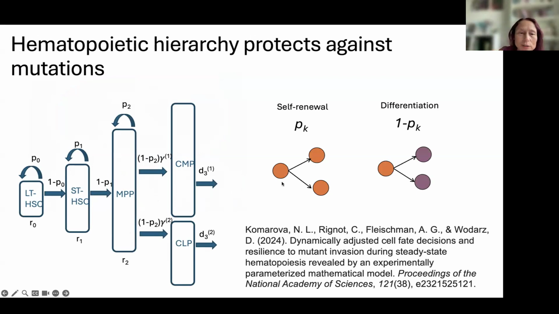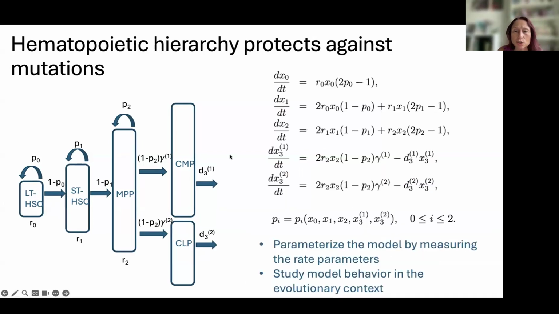And we're going to talk about 2 types of divisions again: self-renewals, when a cell divides and creates the same type of cells, and differentiation divisions, when you create the cells that are different, so they go here. So self-renewals return to the same compartment, differentiations take the offspring of the cell and place them into the next compartment. So this is the system of equations that describes all these processes.